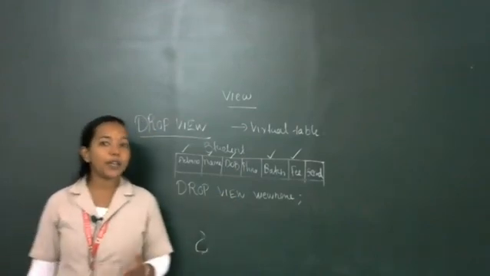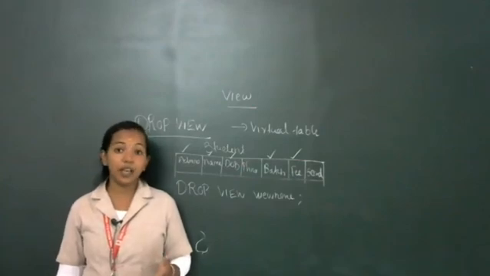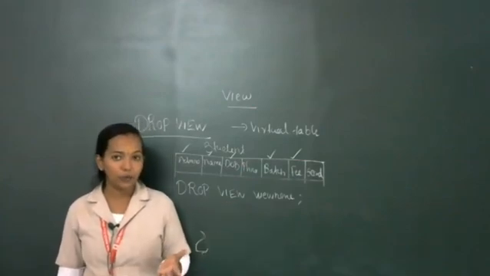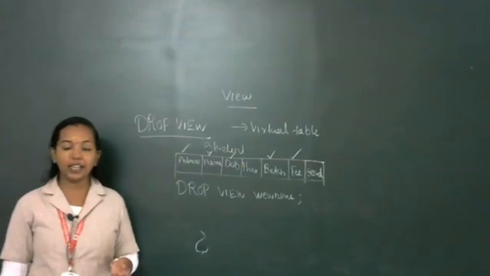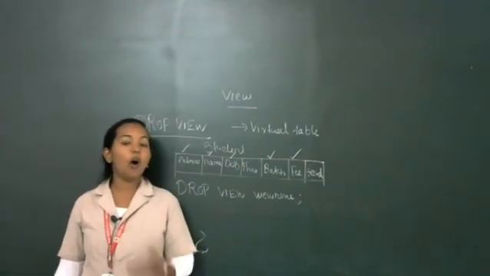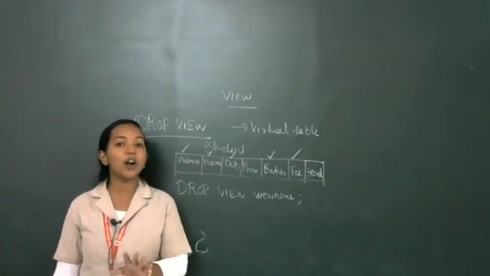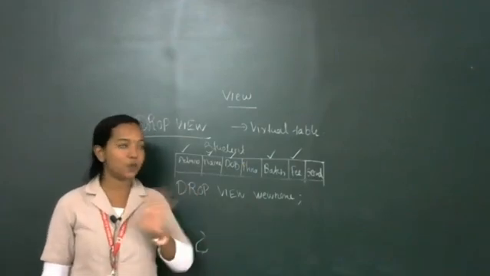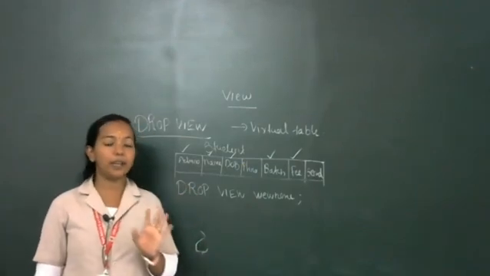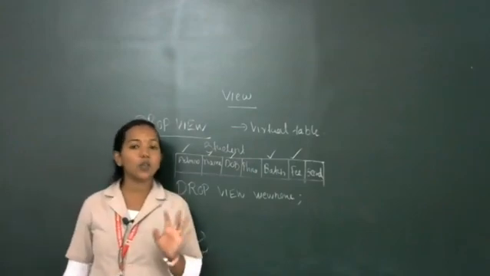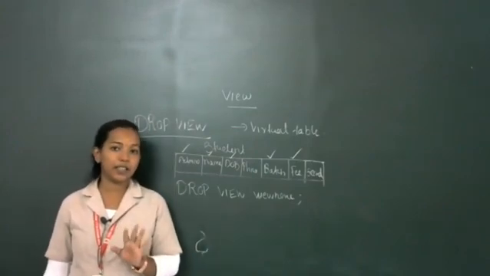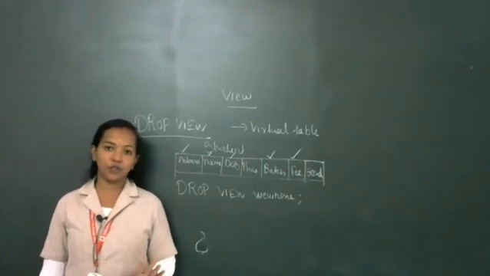So all the operations like DML operations we can perform. That means we can update values, we can delete values from a view. All these operations we can perform on a view, but it will not affect the original table. The data present in the original table will remain the same. There will be no change.